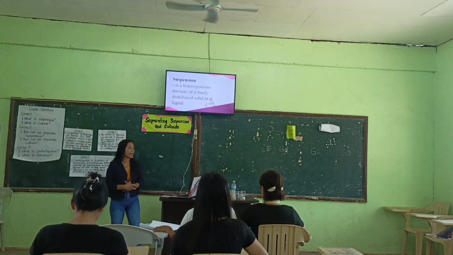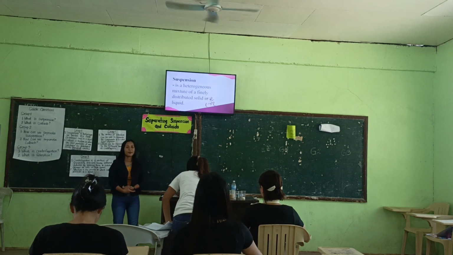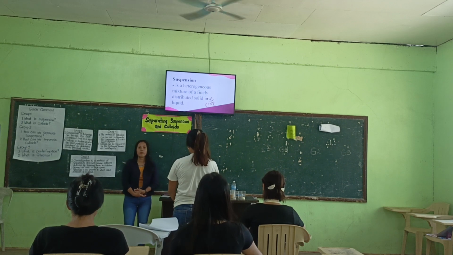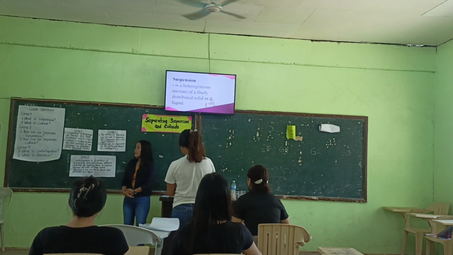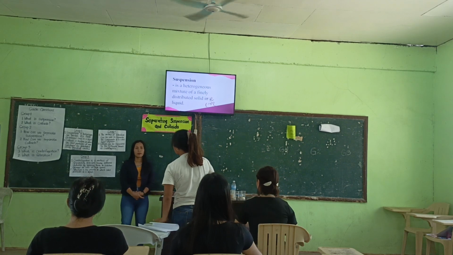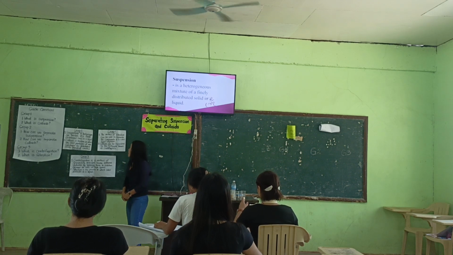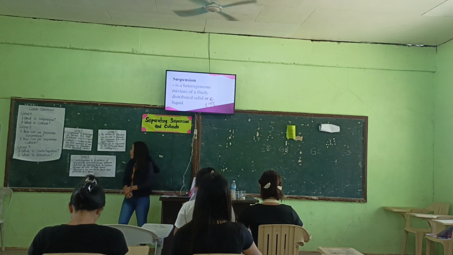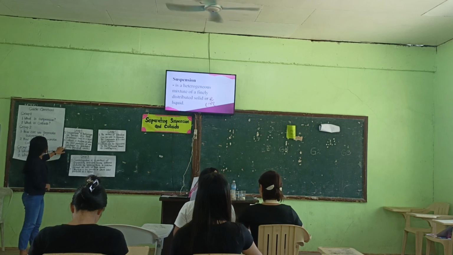So now, what is colloid? Yes, Nevjin? Colloid is a mixture in which very small particles of a substance are distributed evenly throughout another substance. Okay, you have a point. So let's see if the answer is correct.